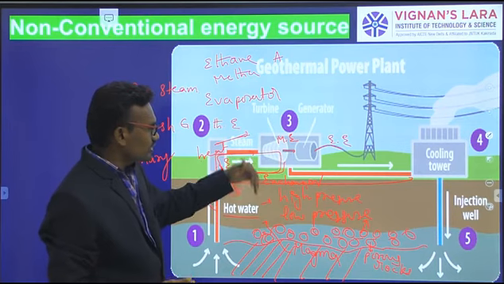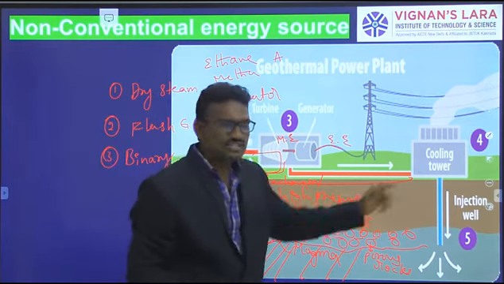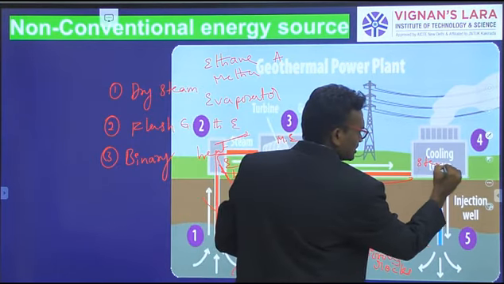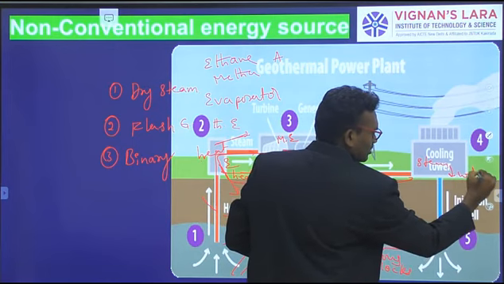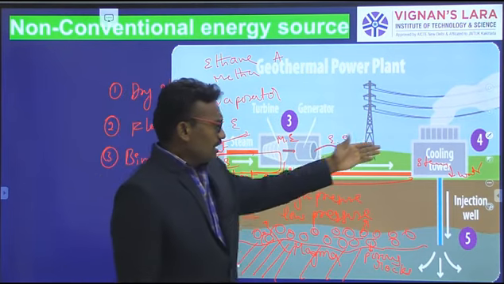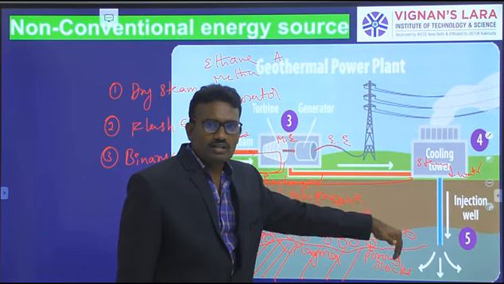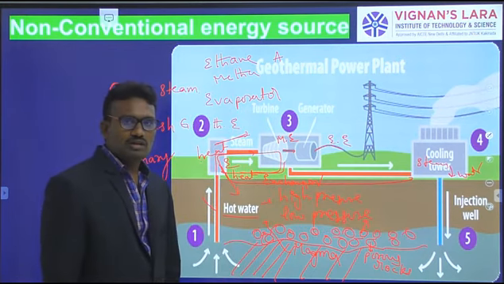The steam that has lost its energy is passed into a cooling chamber, where it is converted back into water. The water is injected through the well into the deep earth again. This is the geothermal power plant.